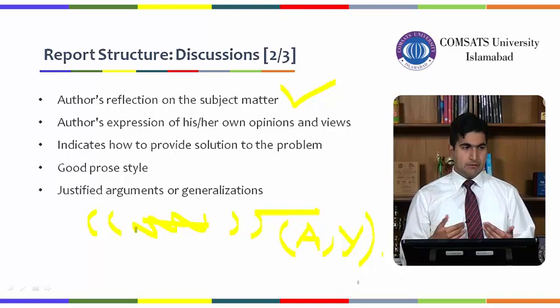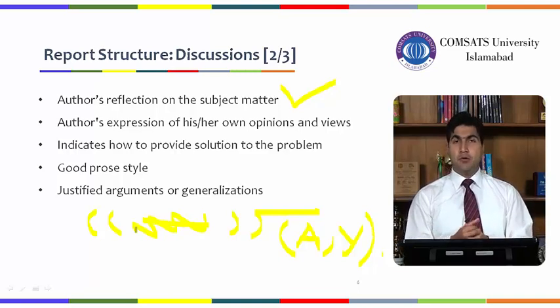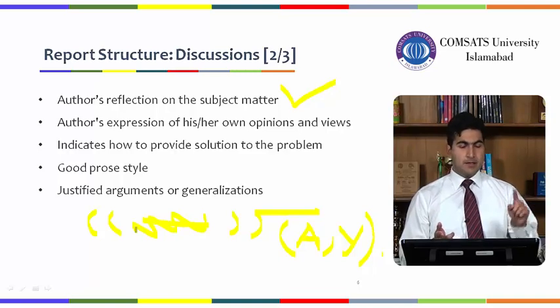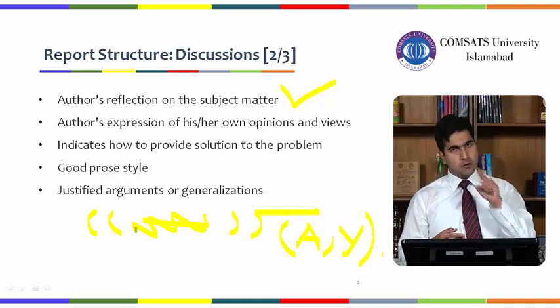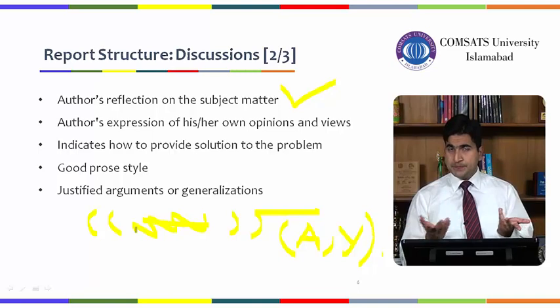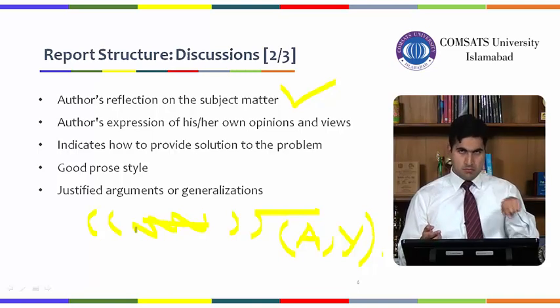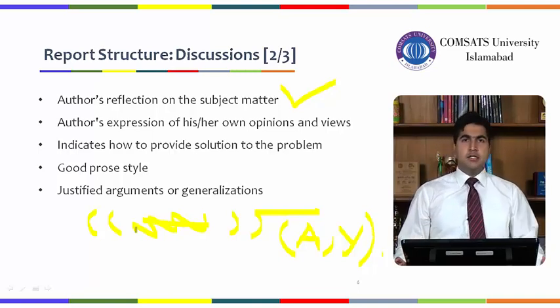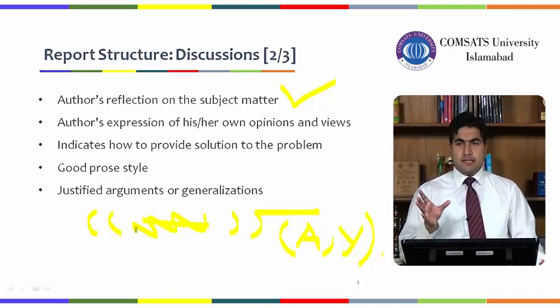If you have to quote my writing somewhere, and my name is Anmol Ahmed, you'll say, parenthesis open, Ahmed, A-H-M-A-D, comma, then the year, let's say 2010, bracket close, full stop. That's how you cite the author, and that's how you document all those sources.